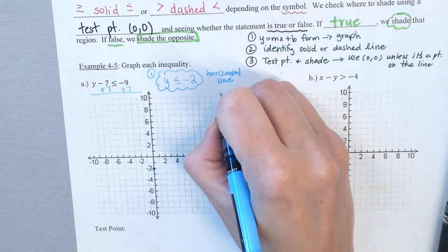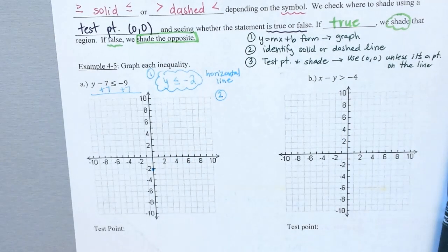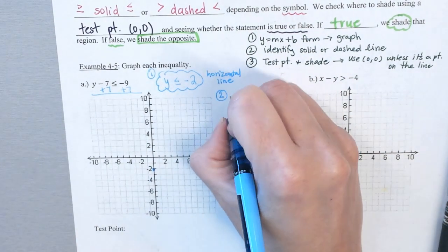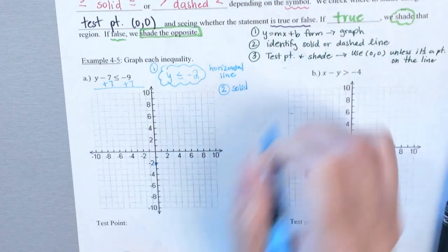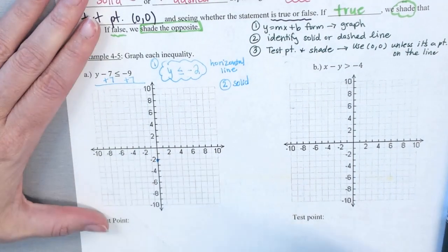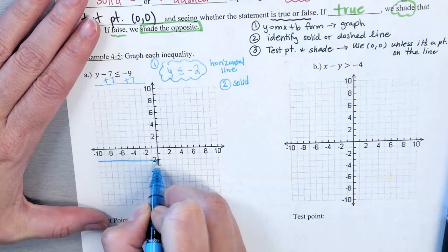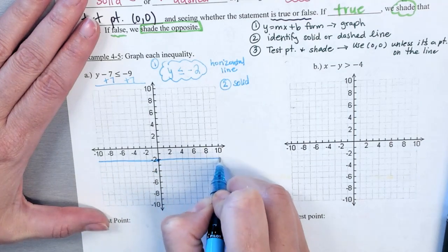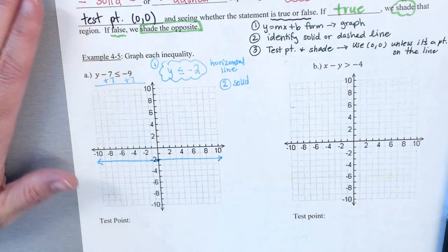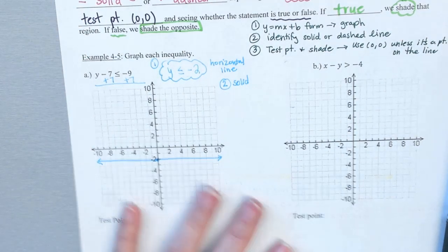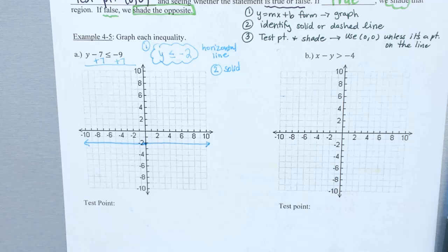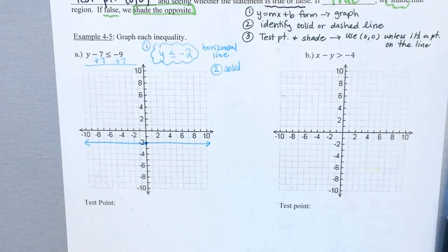And then is it going to be solid or dashed? Solid. So you have the equal to, so it'll be solid. Okay, so I graph my y-intercept. You rise over run. If 0's on the top, you aren't going anywhere up or down. So it's just a straight line here. Now, sometimes, like when you have a horizontal line, it's very simple to tell where to shade because it says y is less than or equal to negative 2.